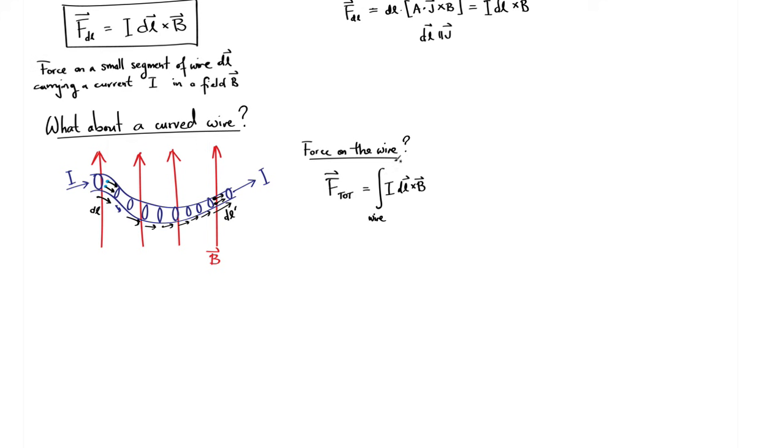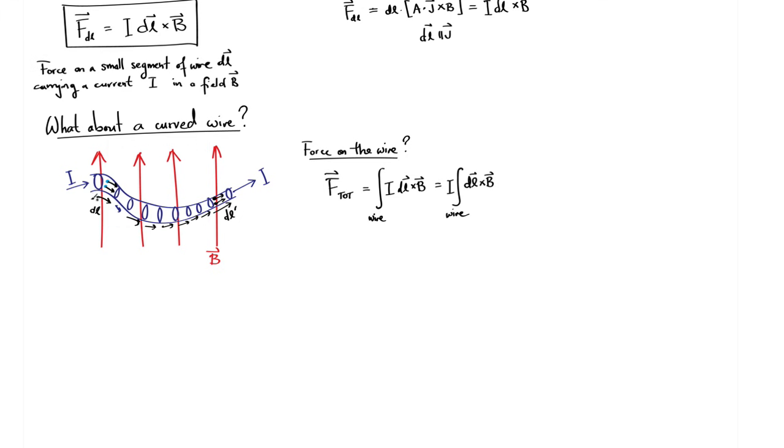And since I is going to be constant throughout the wire, we can even factor I out. So it's dl cross B over the whole wire. If the wire has some funky shape like this, then dl cross B might not be so easy to evaluate because it's changing in some funny way over the entire wire. But you could still evaluate it numerically, for instance.